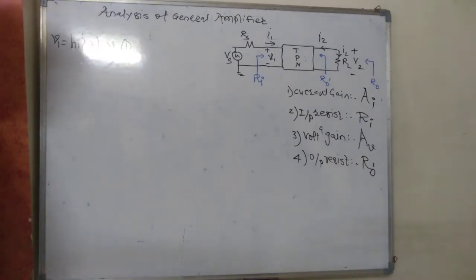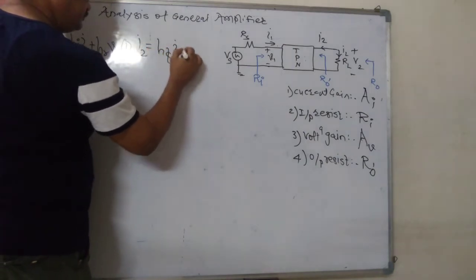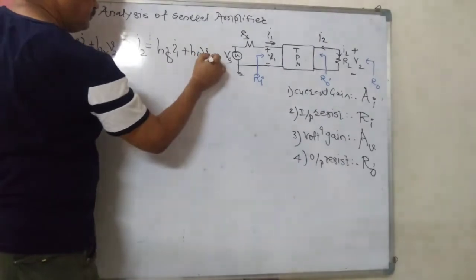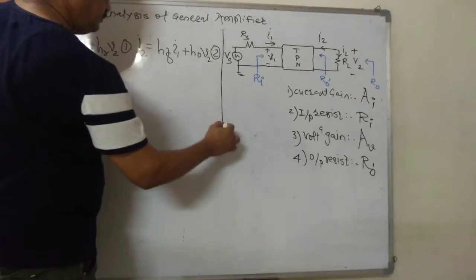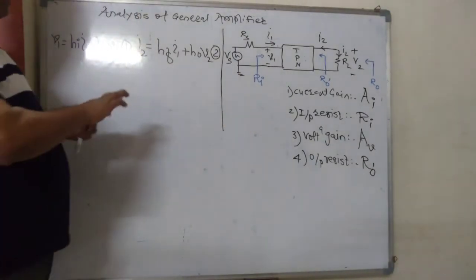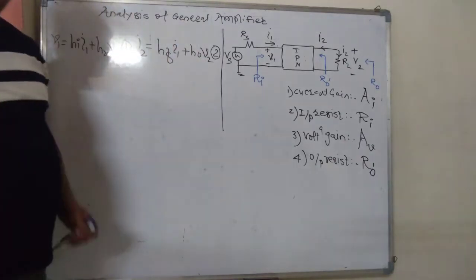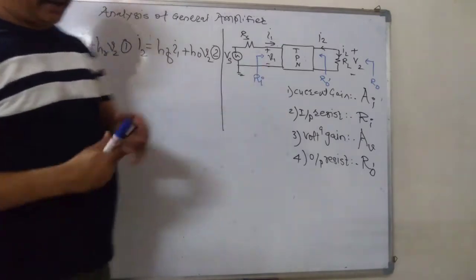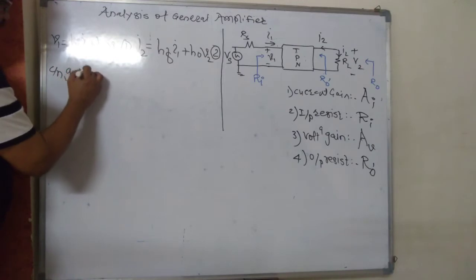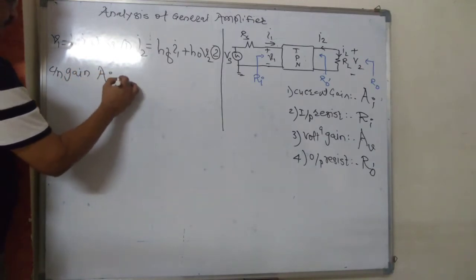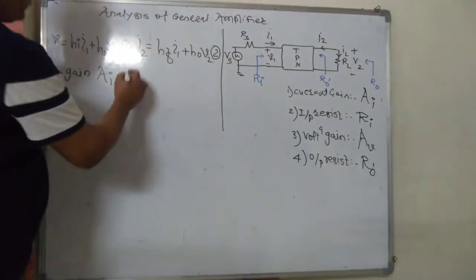V1 is equal to hi I1 plus hr V2 and I2 is equal to hf I1 plus ho V2. Now first we will derive the relation for AI, the current gain. It is the ratio of output current and input current. Output current is IL, input current is I1.